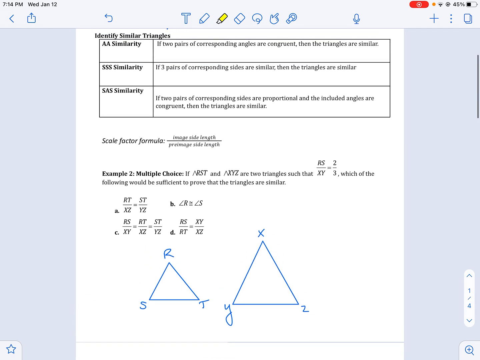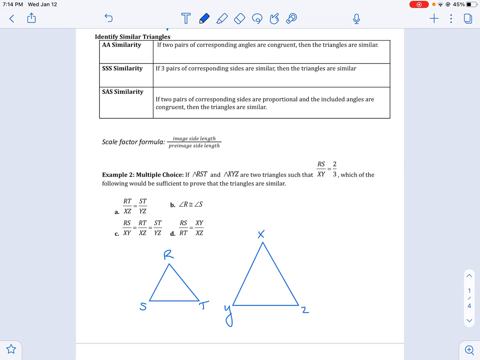We're going to look at our three similarity theorems. If I have triangle RST and triangle XYZ, such that RS to XY, that ratio is 2 to 3, then what would be sufficient to prove that the triangles are similar? So we can check these one by one.